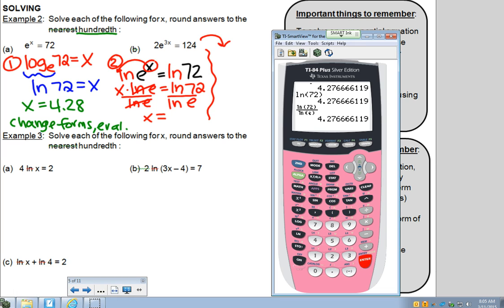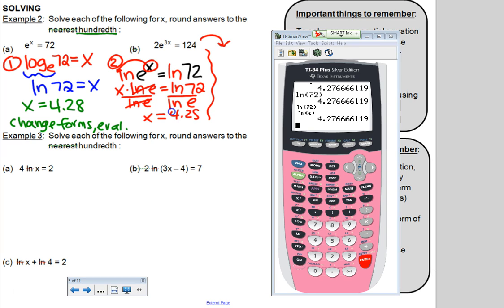Okay, so all of those ways are how you can answer these problems when you have a base e. So that was option 1. Option 2 is to take ln of both sides.